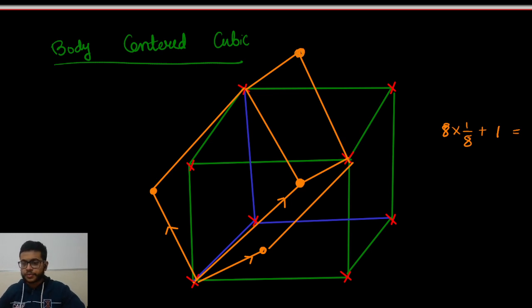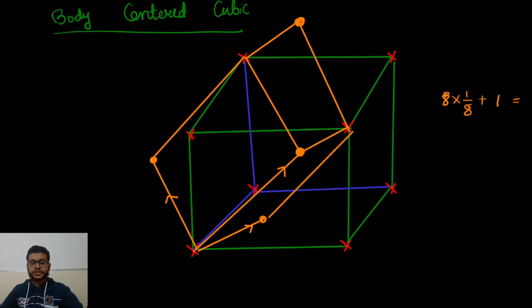So this is a parallelepiped of the BCC unit cell. Wait, let me complete it more. Yeah, so this is also part of the unit cell. Okay, so these are the unit cells.